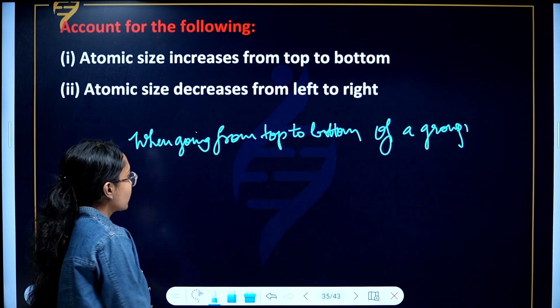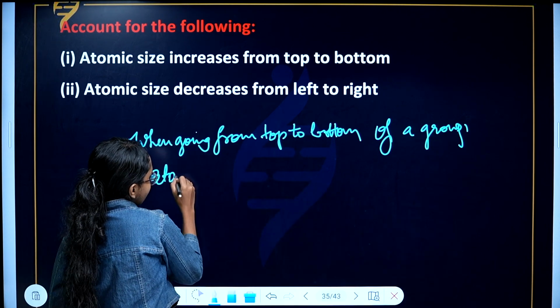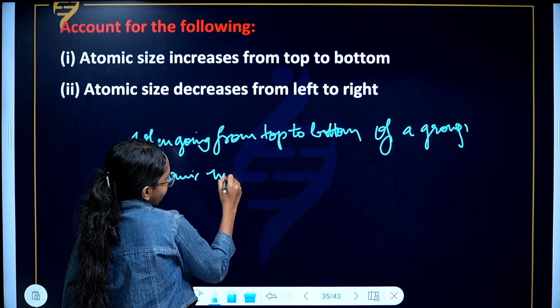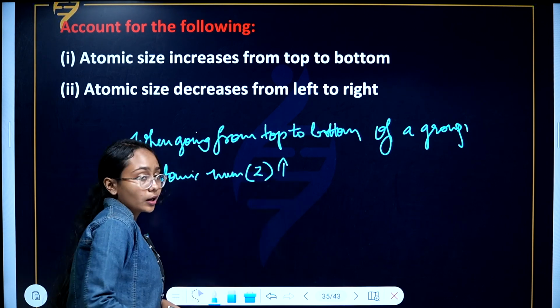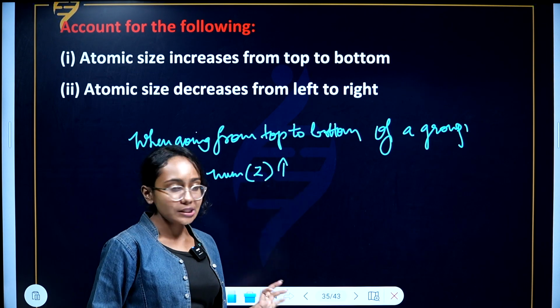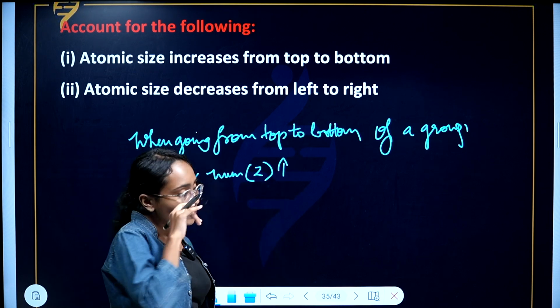what will happen? The atomic number Z increases. Don't use this symbol in answer sheets, just write increases, okay?